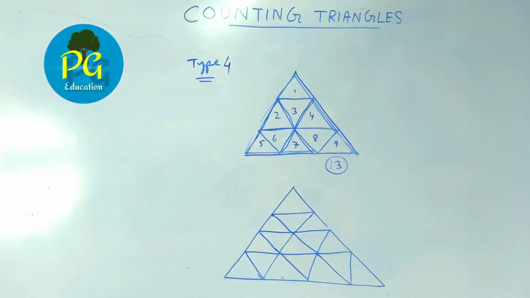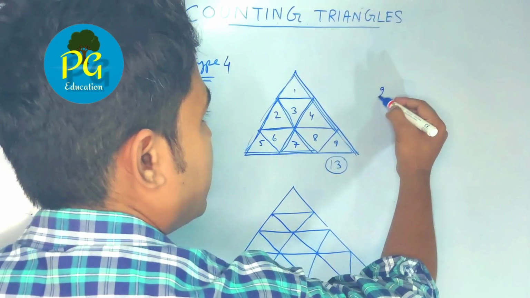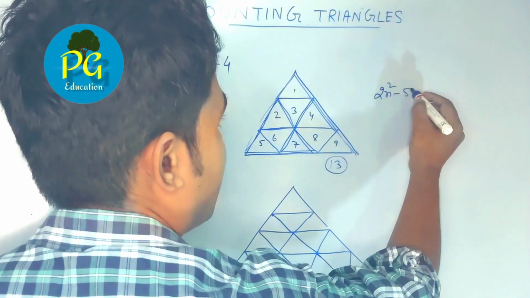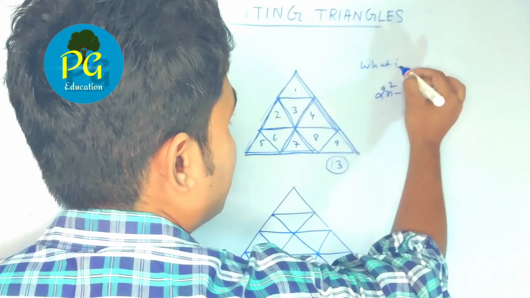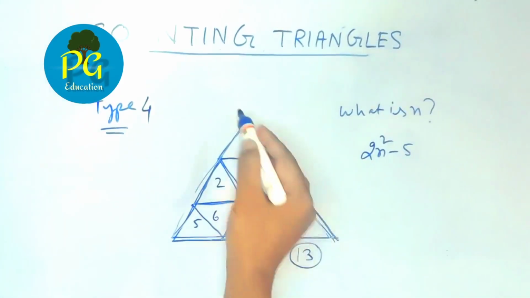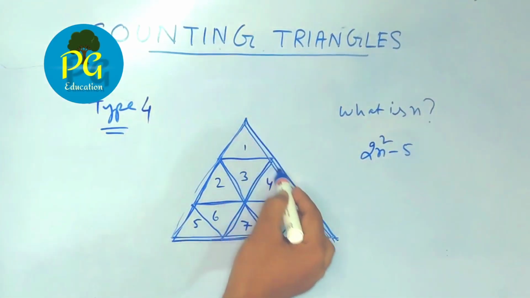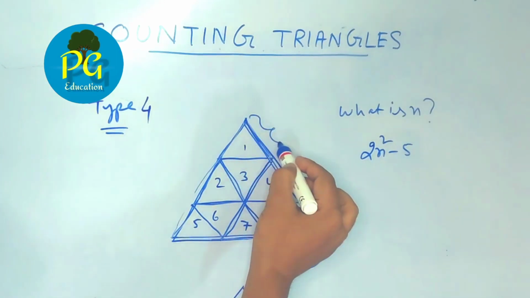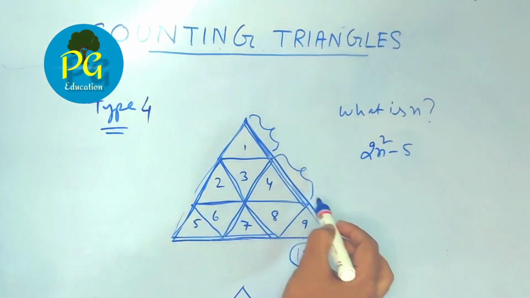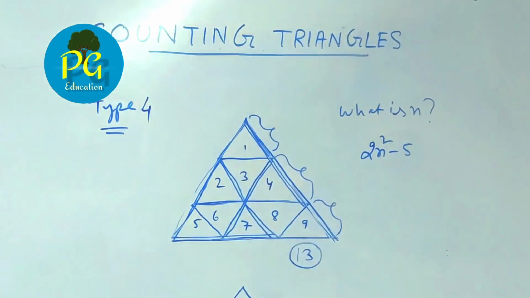But here is a short trick. What is the trick? Always remember this formula, 2n square minus 5. What is n? n is the number of segments of a side. This is a segment, this is another segment, this is another segment.